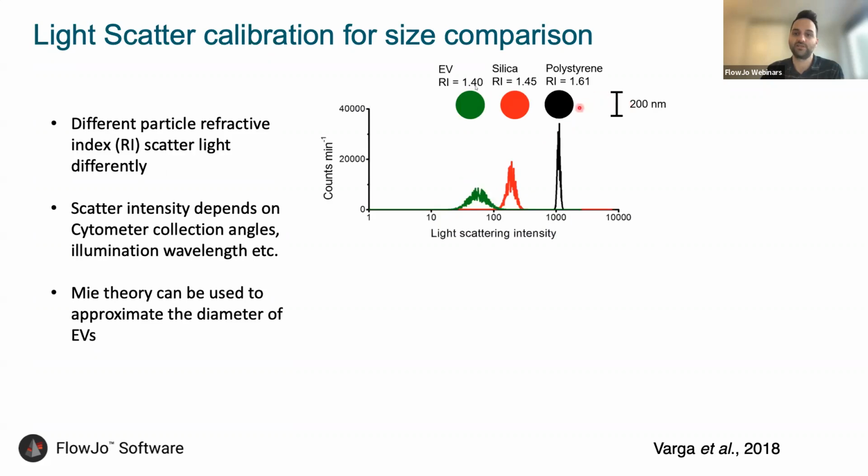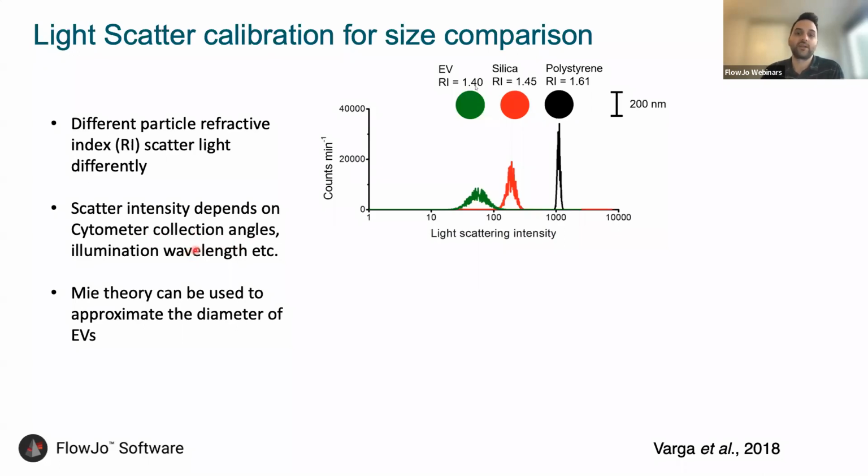Those differences are because of the refractive index, where EVs have 1.4, silica beads have 1.45, and polystyrene beads 1.61. The scattering intensity also depends once again on the cytometer, so it depends on the collection angles, the wavelength of illumination, and so forth.